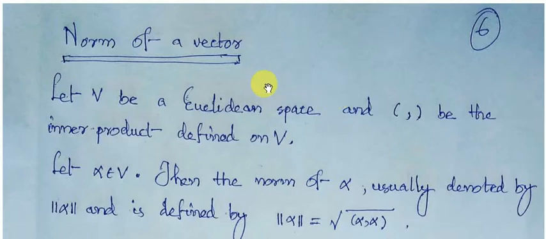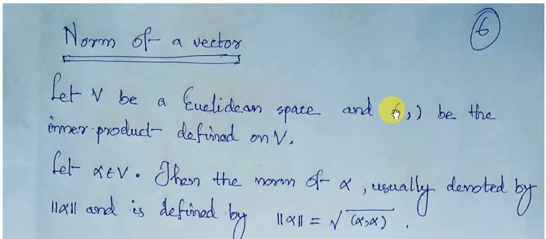First of all, norm of a vector. What does it actually mean? Let us now see. We have considered here a vector space V that is actually a Euclidean space with respect to this inner product function.